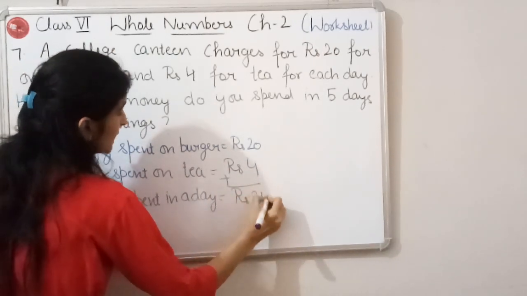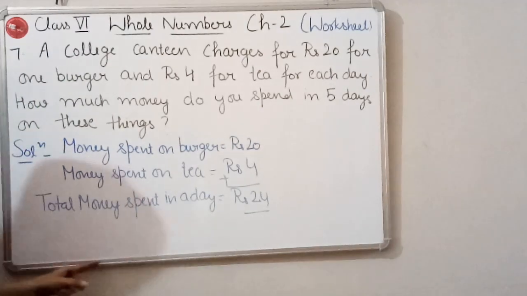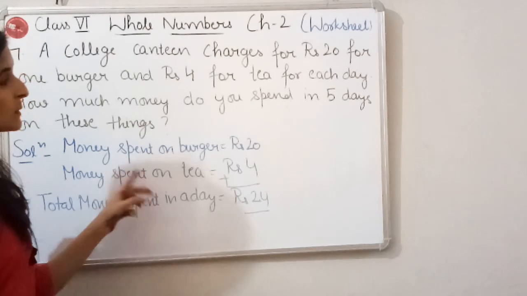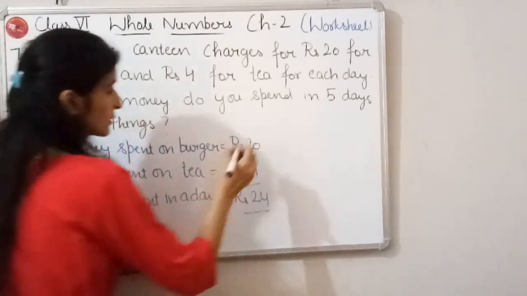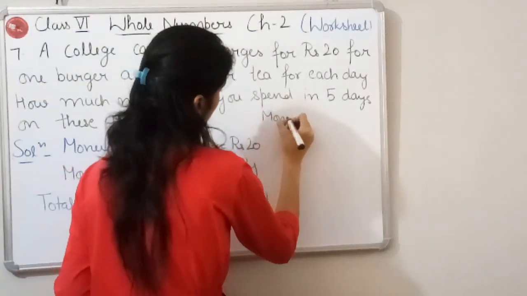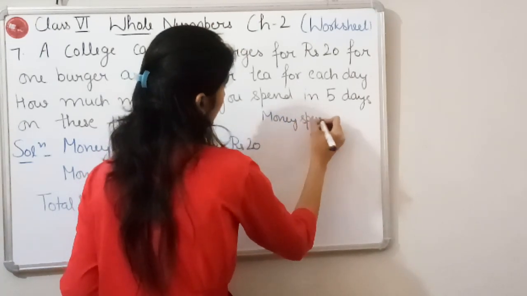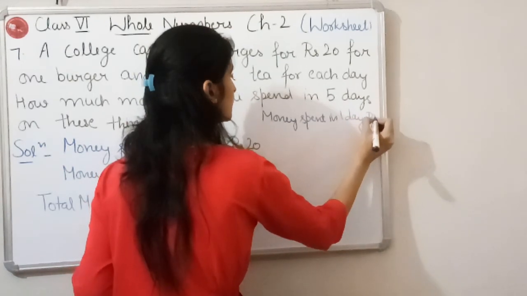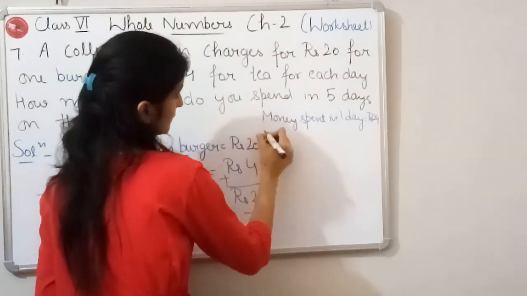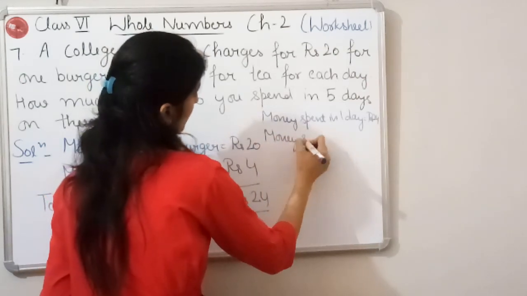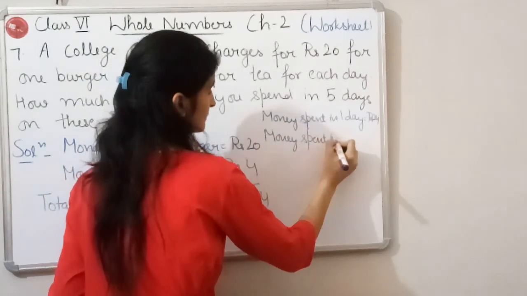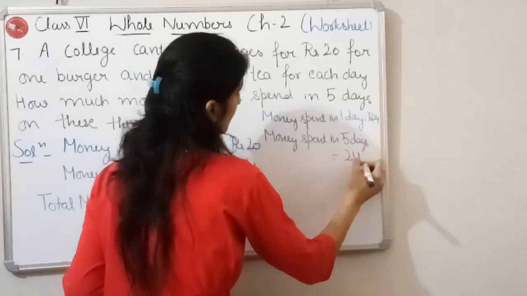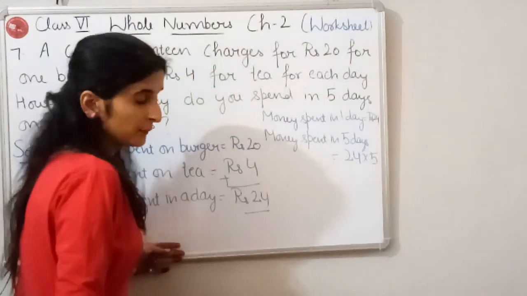That means ₹24. It means we are spending ₹24 in one day and we have to find out the money spent in 5 days. So firstly write down, money spent in one day is equal to ₹24. So money spent in 5 days will be equal to 24 multiplied by 5.